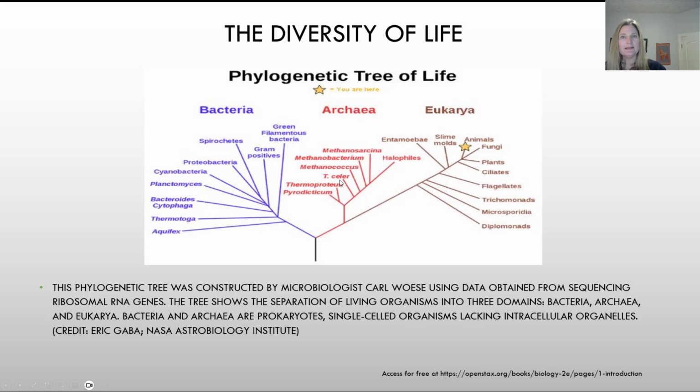So how do we keep track of this diversity of life? Well, one way is by using something called a phylogenetic tree. So this basically describes the diversity of life in a format where we can not only see how closely related different types of organisms are to each other, but also how they're connected to more distantly related organisms.